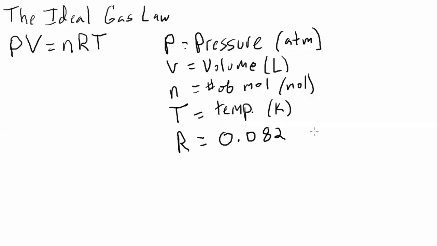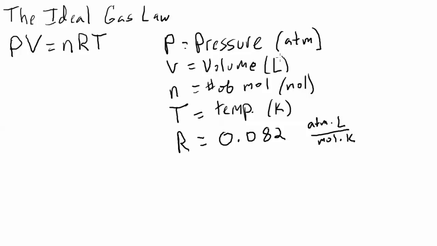The unit on that is atmospheres times liters divided by moles divided by Kelvin. So that whole thing is the unit on that constant. And the way that works out, all these units will cancel out and you'll get what you want when you solve these problems. So pressure, volume, moles, temperature, and then R is the constant.